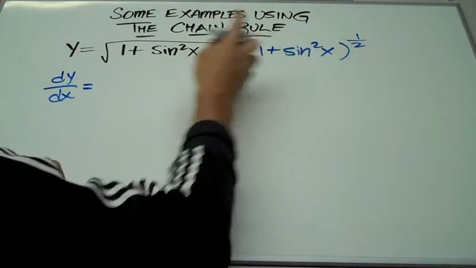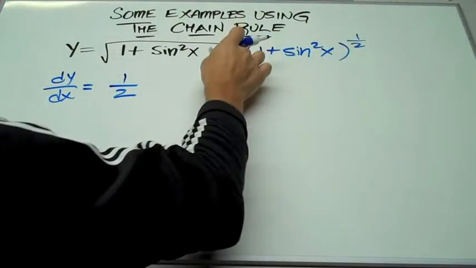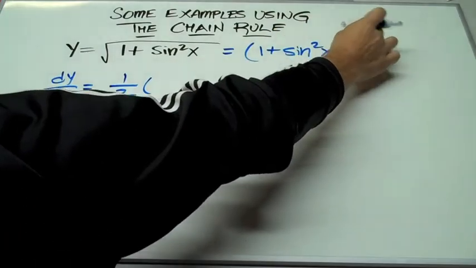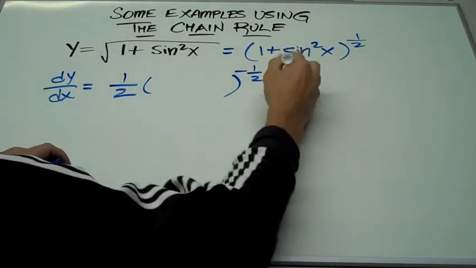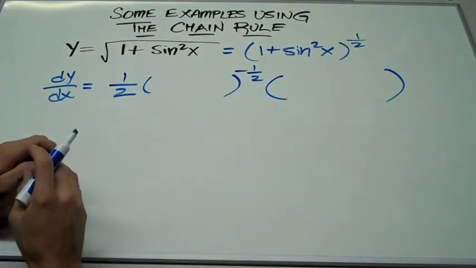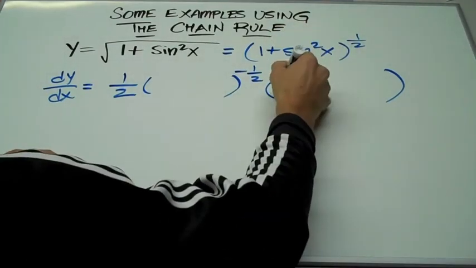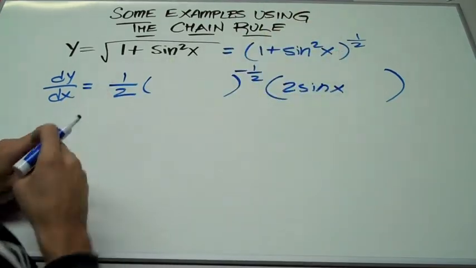So if that's u, then my differentiation process will be 1/2, I bring that out front, times u to the 1/2 minus 1, so 1/2 minus 2 over 2 is negative 1/2, times the derivative of this, which will be my du dx, which will be, bring the 2 out front, 2 sine x, and then what's the derivative of sine x?